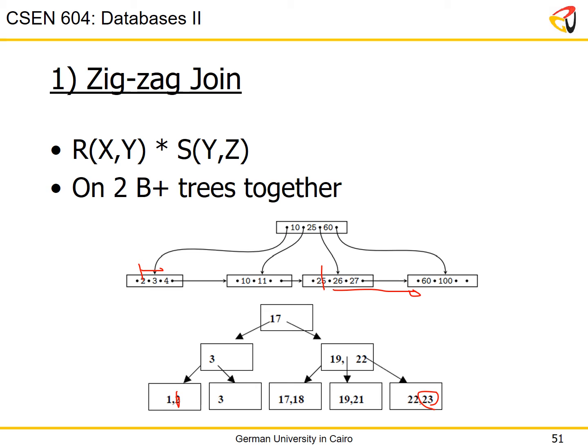And since 23 does not appear in the top tree, I'm really stopping here at 25. Everything to the right here is of no interest to me. Now, as a minimum, this is 1 and this is 2, so I will start from the left, starting from the 2 here, since I have a 2 here and there is no 1 here. It's the same algorithm that we just described.